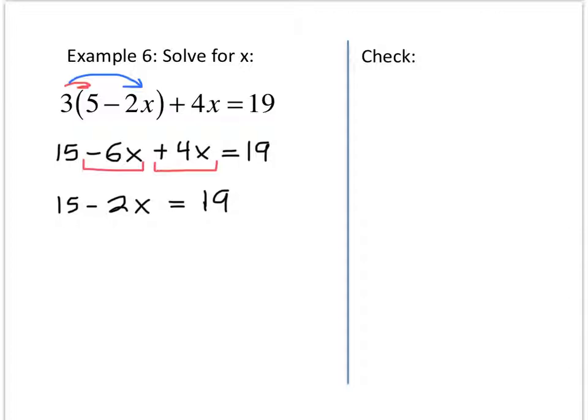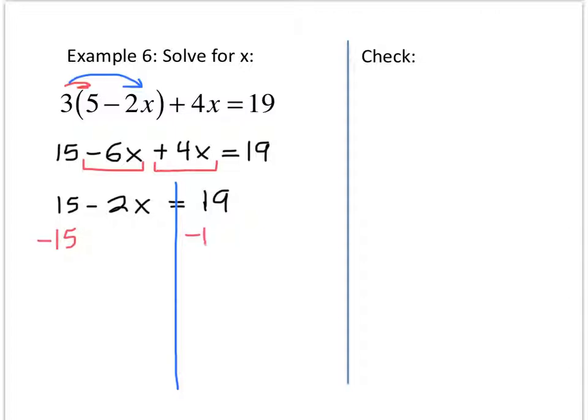Okay, and now since I have a single x variable, I'm going to go ahead and solve for this x variable. The first thing I have to deal with is addition or subtraction. And I noticed I have this 15 here. Now you might be saying, well, I don't really know what's happening to the 15. There's nothing in front of it. I notice it's a positive 15. So in order to cancel a positive 15, I have to take away 15.